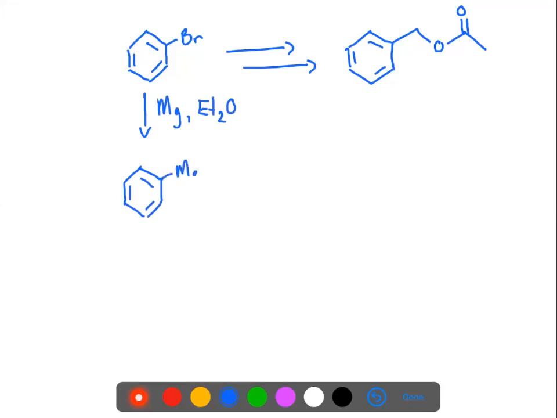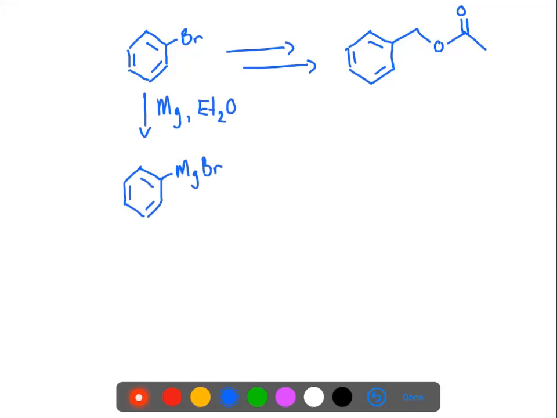So we can show that it's MgBr. So this is a very good carbon nucleophile. Like organolithiums, you have carbon with basically a full negative charge. Shown here is the covalent structure, but you could show this as an ionic structure as well.